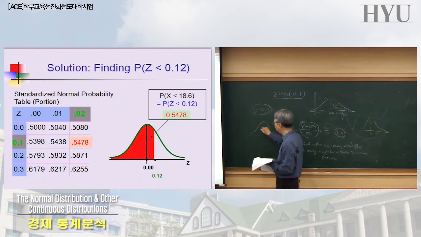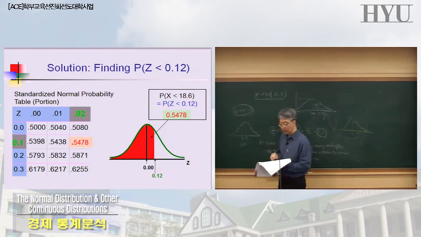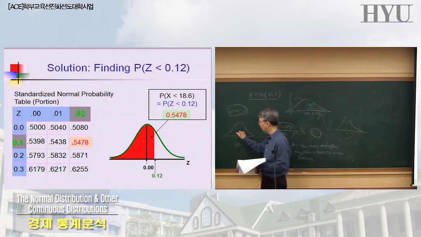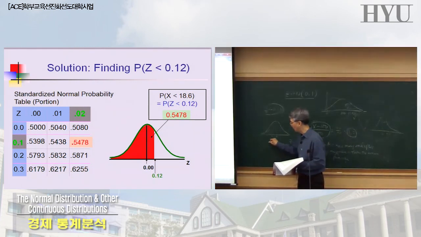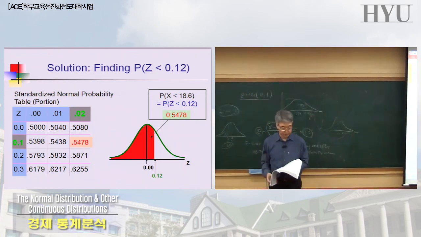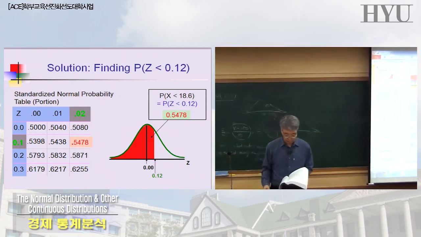Here's 0 and a z-score of negative 0.12. Then the number inside the table gives you this area to the left of that particular number, negative 0.12. Can someone find it?